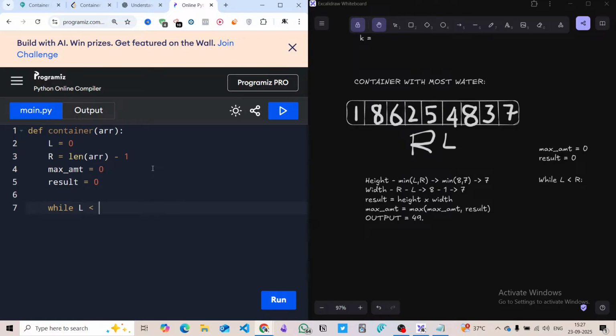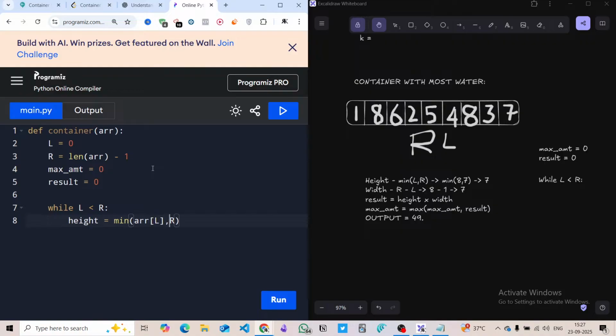While L less than R. Height is equal to minimum of L comma R. So this means the value, right?